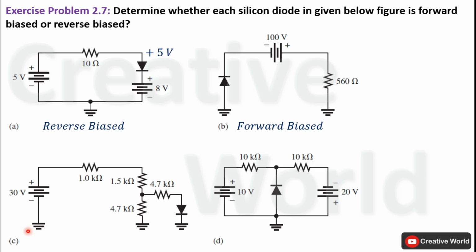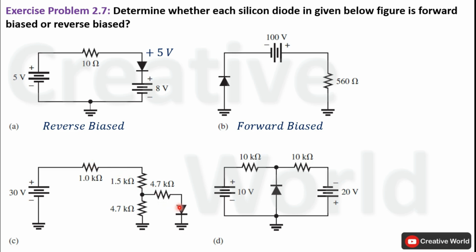Move to the next configuration. In this configuration, a diode through a resistance is connected parallel to a voltage divider circuit. These three resistances are forming a voltage divider circuit. So we have to identify the biasing of this diode.